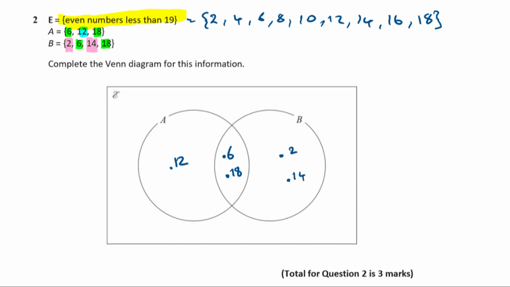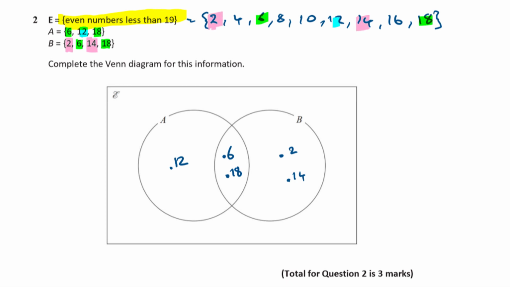Okay, now I haven't quite finished yet because my universal set has got all those numbers here, and I've only got a few of them down. So let's just go through and tick off the ones we already had. So we had 6 and 18 in the middle, didn't we? And then we had 12 in the left-hand set, and then we had 2 and 14 in the right-hand set.